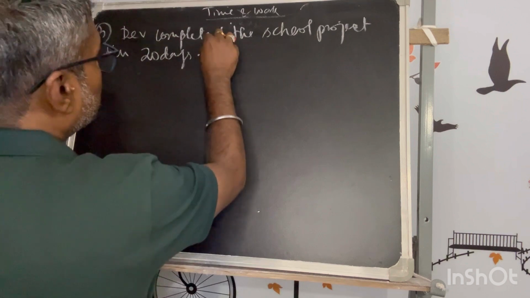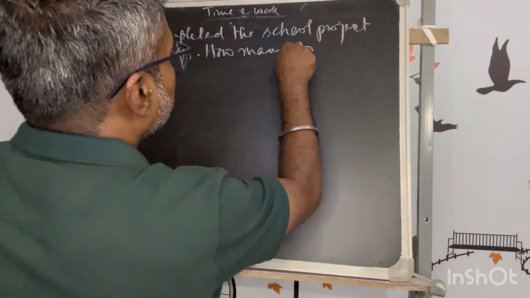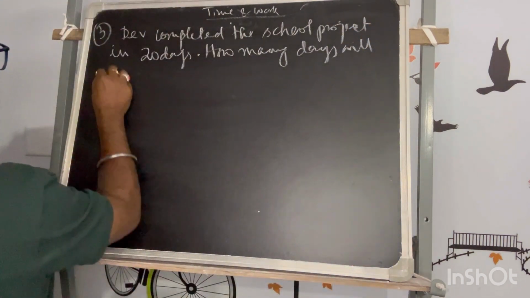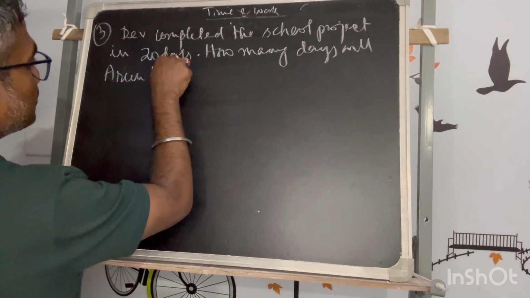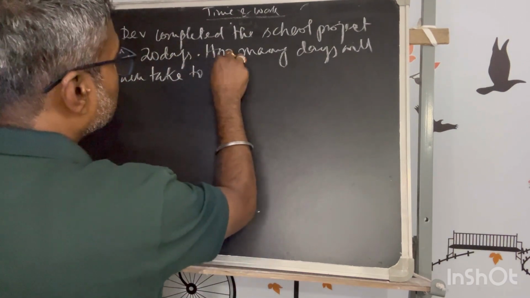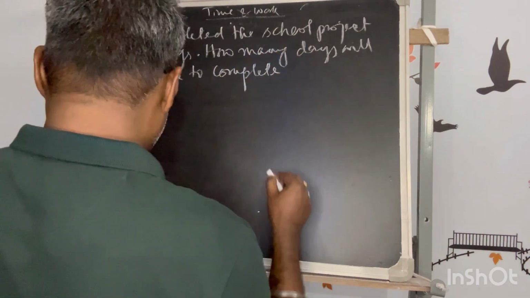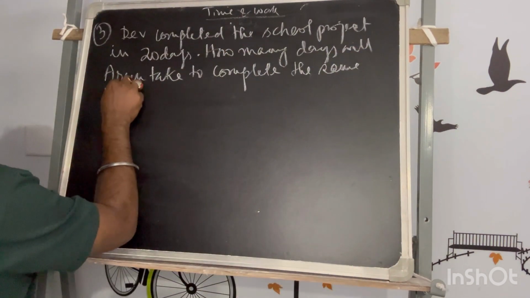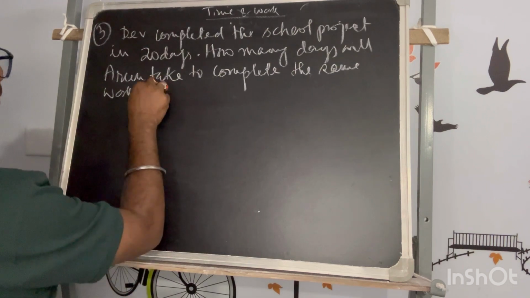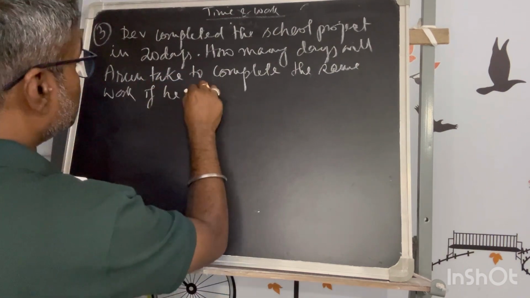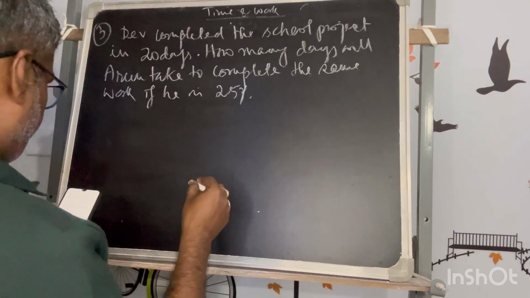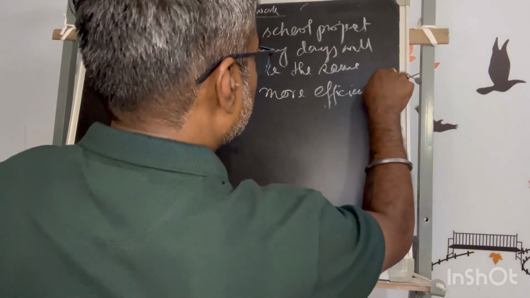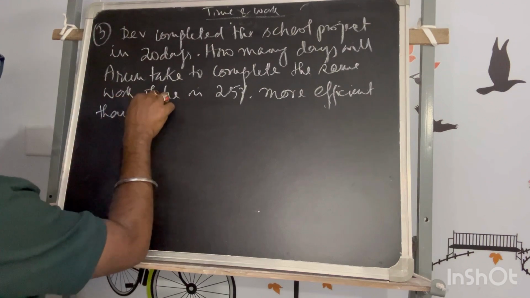How many days will Arun take to complete the same work if he is 25% more efficient than Dev.